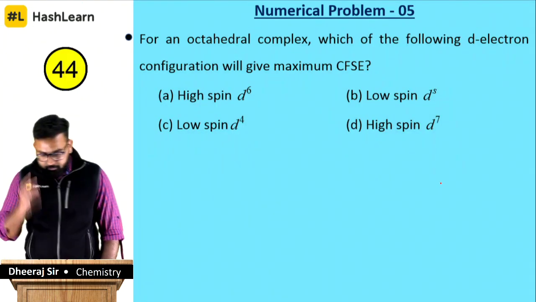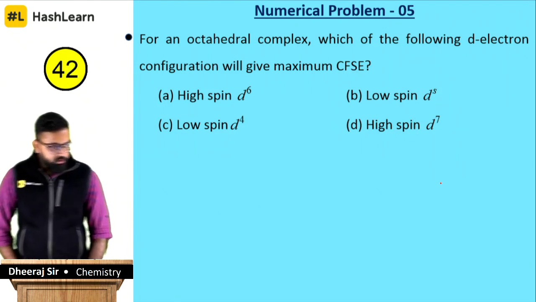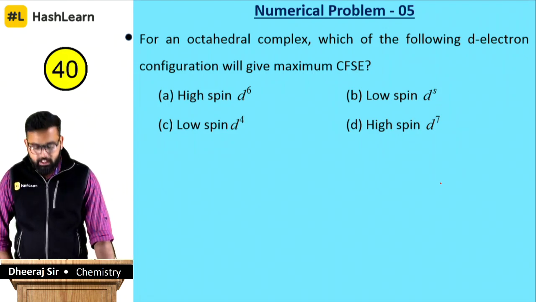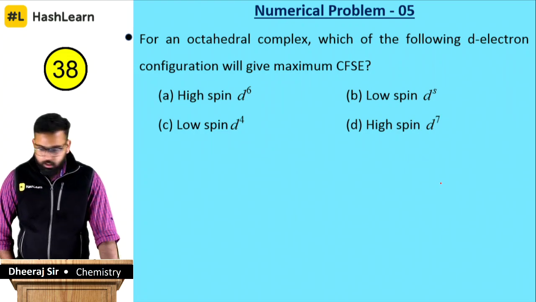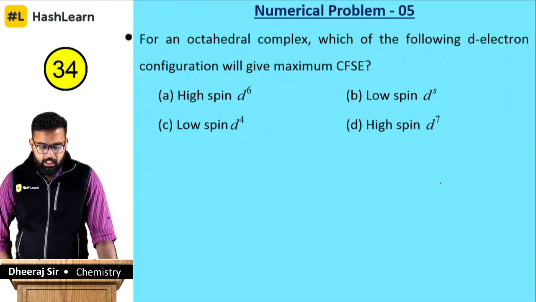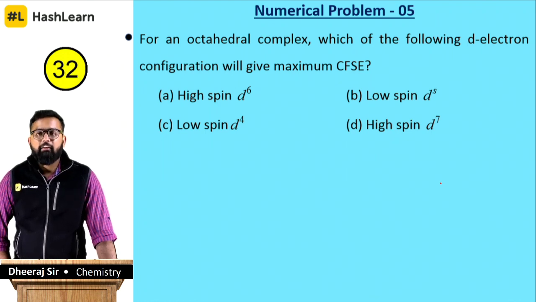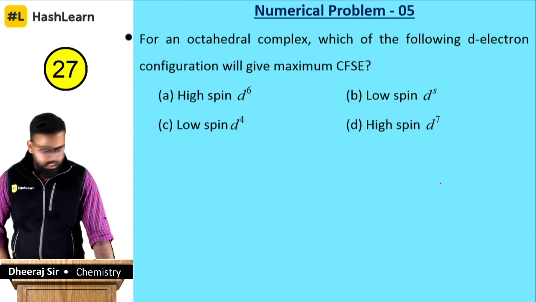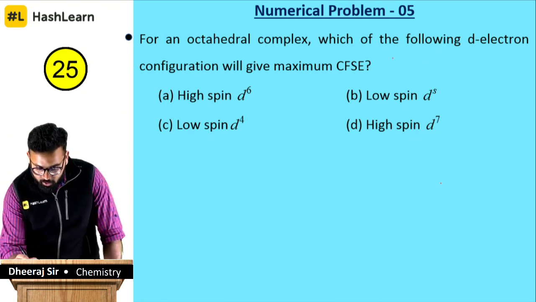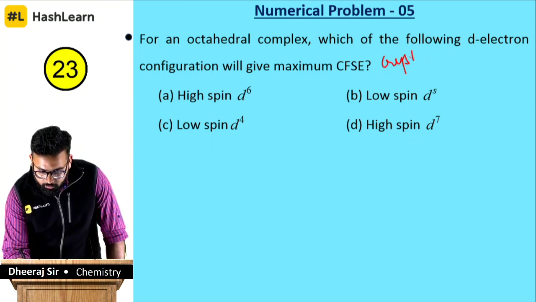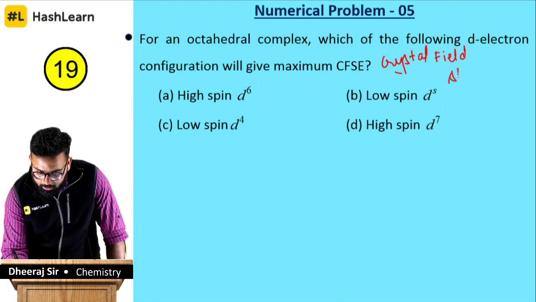Moving ahead, try to quickly answer this question. We have a good number of questions packed, guys, so let's pace it up a little. For an octahedral complex, which of the following d orbital configurations will give maximum CFSE? CFSE stands for crystal field stabilization energy.